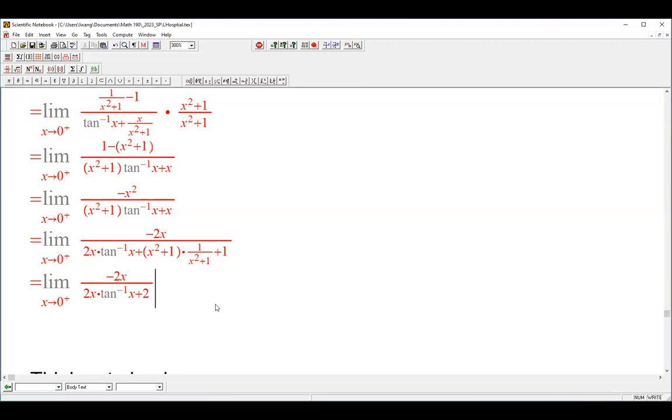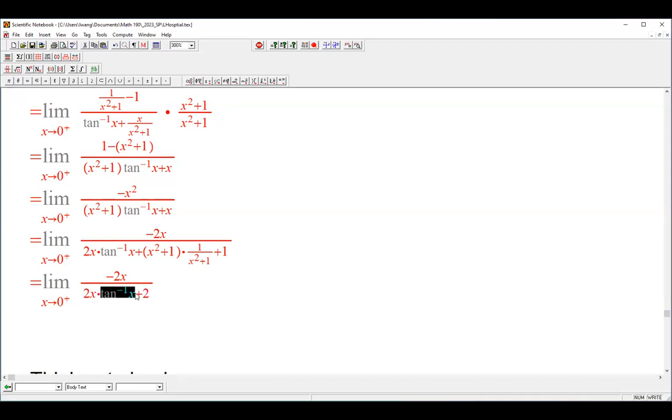And now what do we get? When x is approaching 0, the numerator is approaching 0, denominator approaching 2. The denominator is approaching 2 because this piece on x is approaching 0, this piece is approaching 0. The good news is the denominator is not going to be 0.